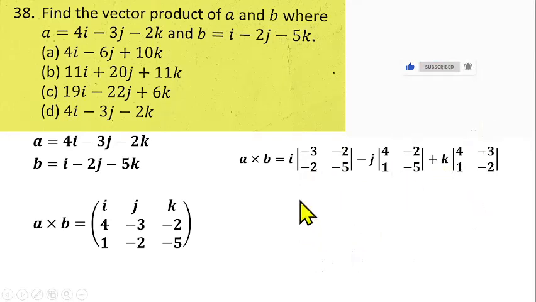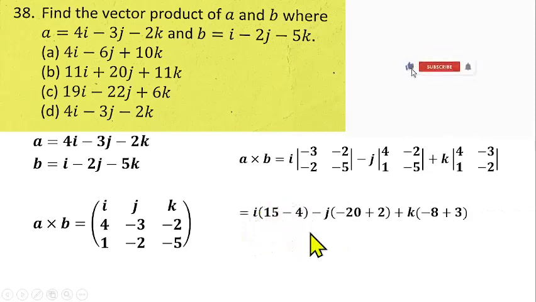For i, cross multiply: minus 3 times minus 5 gives us 15, minus, then minus 2 times minus 2 gives us plus 4, then plus 4 times that minus gives us minus 4.